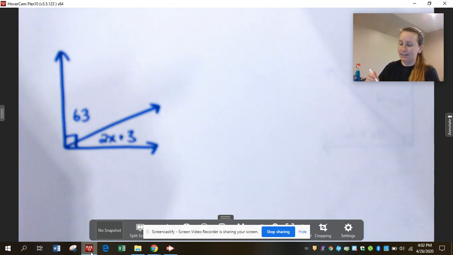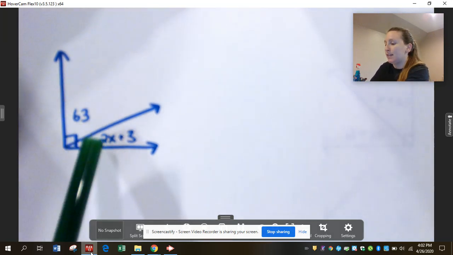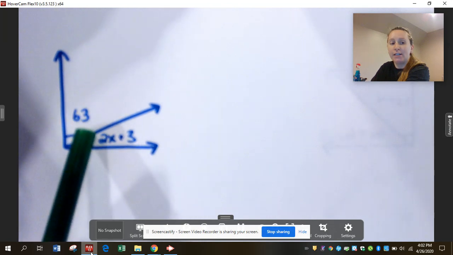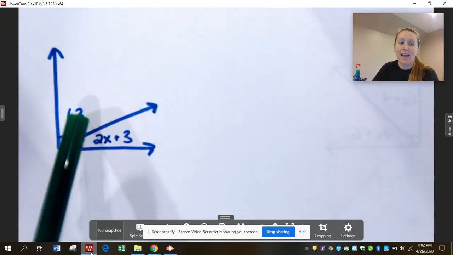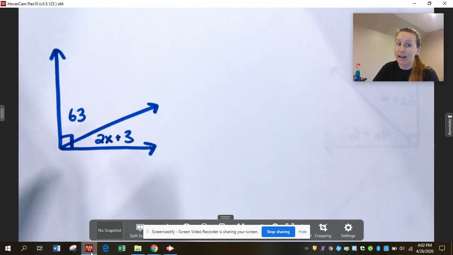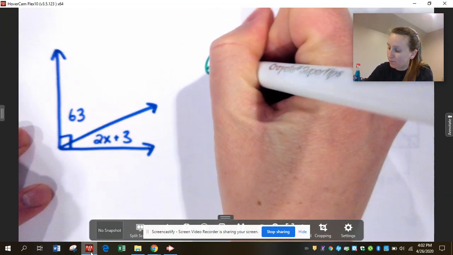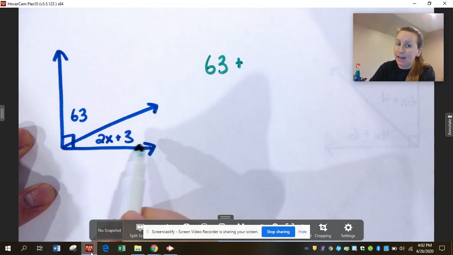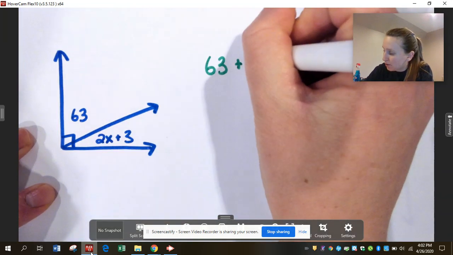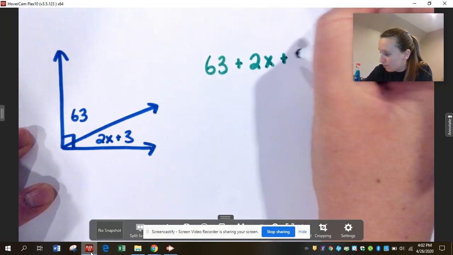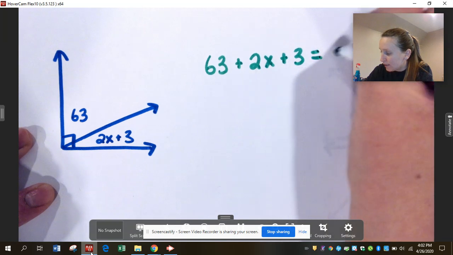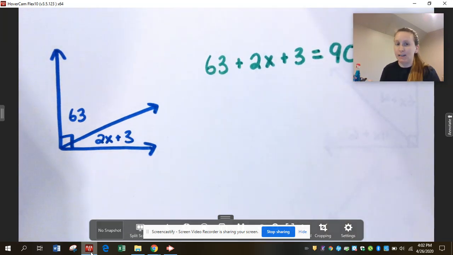Okay, again, I see the little triangle. I know that this is a right angle, which means that this should add up to be 90 degrees. So these two angles added together need to be set to 90. So I'm going to take my first angle, 63, add my second angle, which is 2x plus 3, and set that equal to 90.